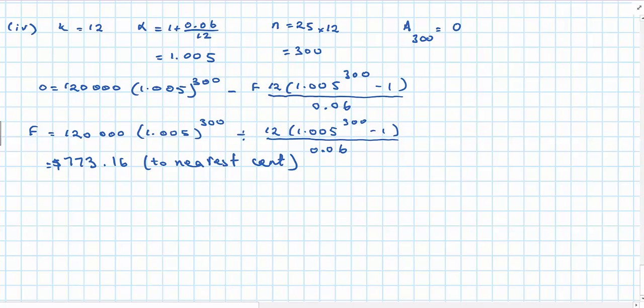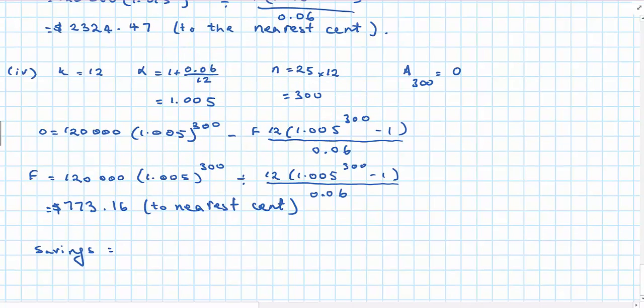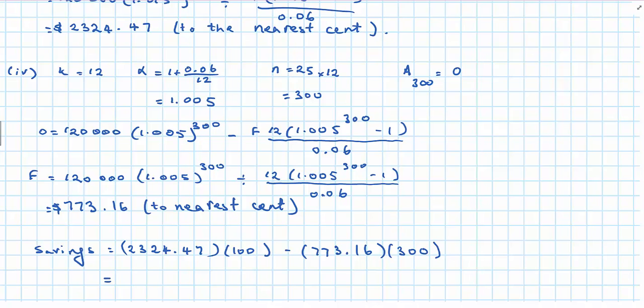Alright, now I have my monthly repayments as opposed to quarterly, so the savings would be $2,324.47 times 100 minus $773.16 times 300, which is $499.